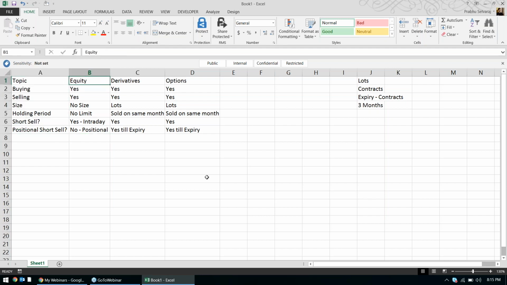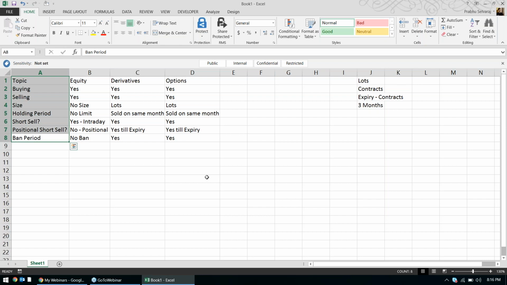Next, what else is the difference between these two? And this is the major difference, guys, between equity and derivatives: the ban period. There is no ban period for equity, but it applies to derivatives. If any security is under ban period, you cannot take a positional short on equity.